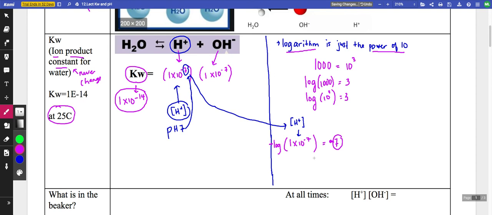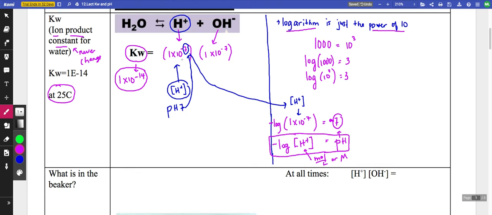So to get the pH, all you have to do is take the negative log of whatever the H plus is. And this is how we get the pH. And you can see by knowing the pH, you can count how many H pluses are in there in terms of moles per liter or molarity.